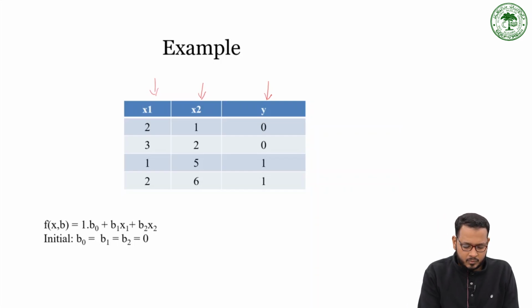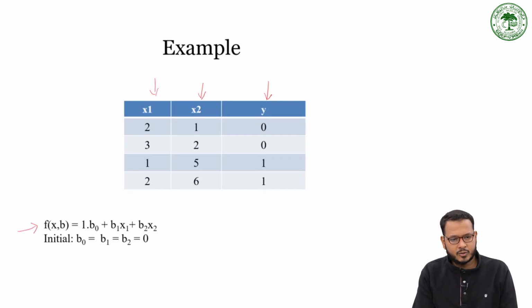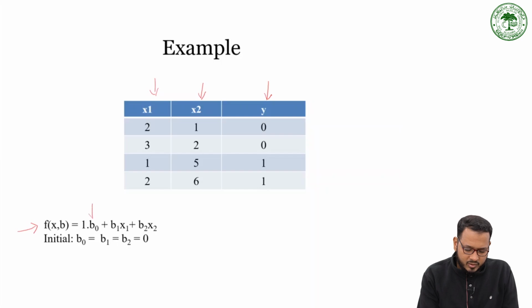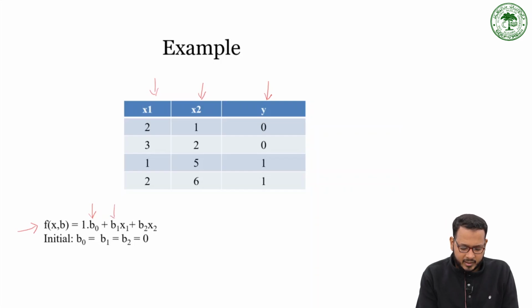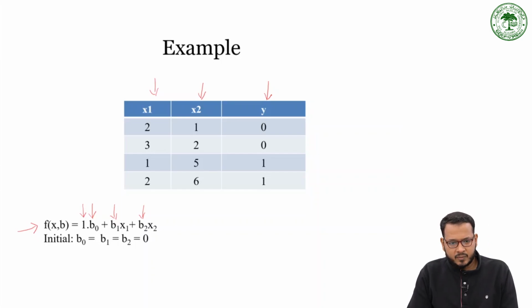Let's say we want to fit a curve f(x, b), which is the linear combination of all the independent variables, including one constant term or bias term b0. Since b1 has the multiplier x1 and b2 has the multiplier x2, b0 does not have any multiplier. That's why we have written 1 as the multiplier of b0. This one will come into the picture very soon.